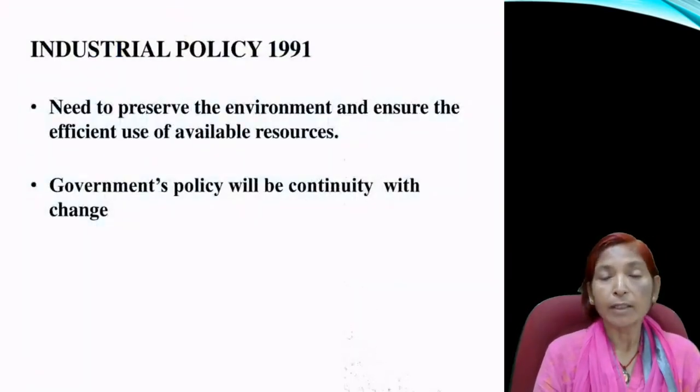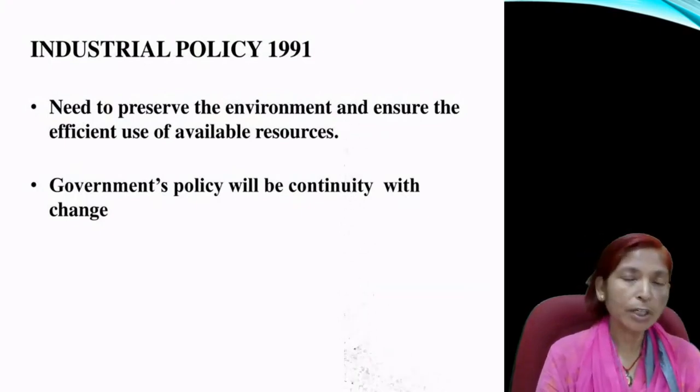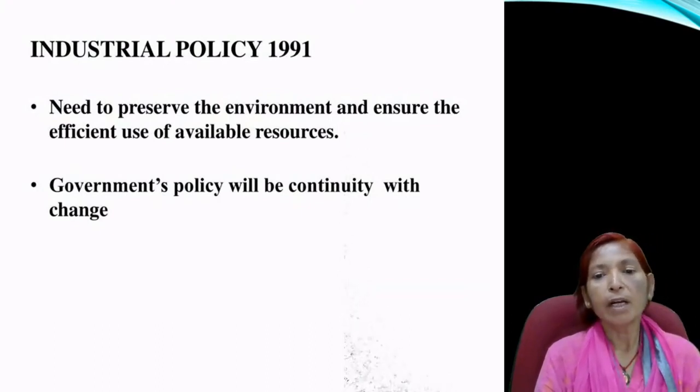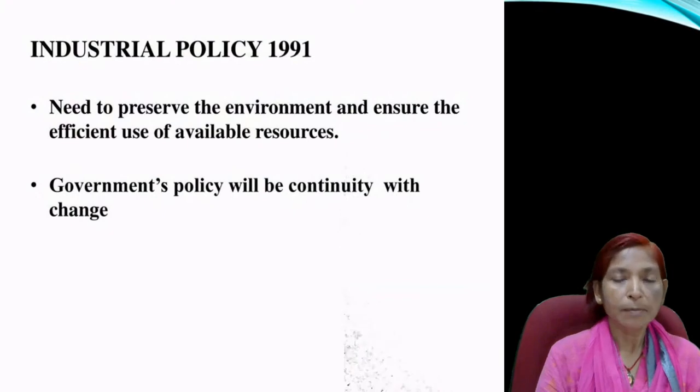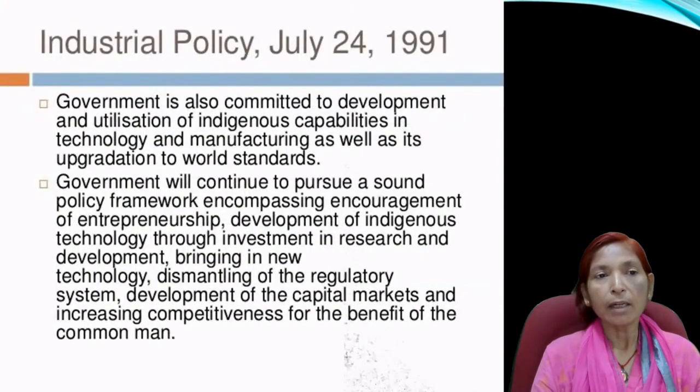Now next is the 1991 industrial policy, which is very important to understand, because this industrial policy is at present going on. It needs to preserve the environment and ensure the efficient use of available resources. Government policy will be one of continuity with change. So this is the very important policy of 1991.